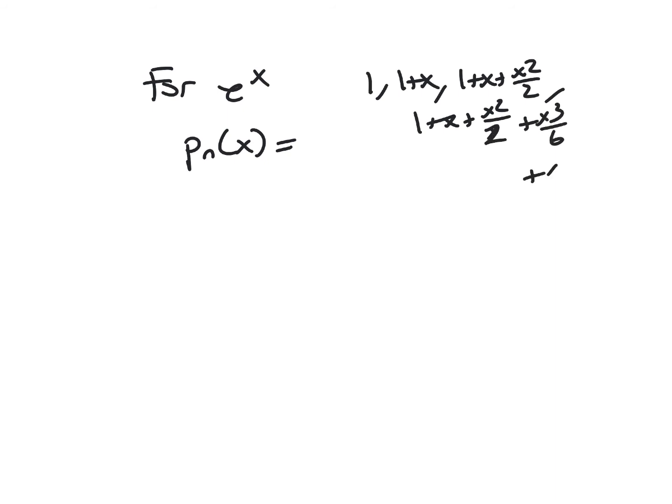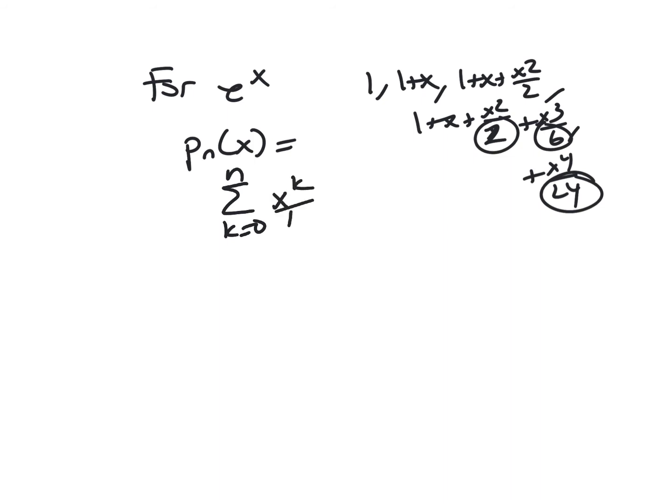And then we added an x to the fourth over 24 term. After that, what are these? These are exactly the factorials, right? And so in general, for degree n, we're getting exactly the sum from k equals 0 up to n of x to the k over k factorial. Right? And so this is the Taylor polynomial for e to the x specifically.